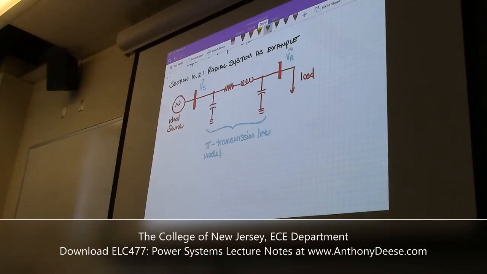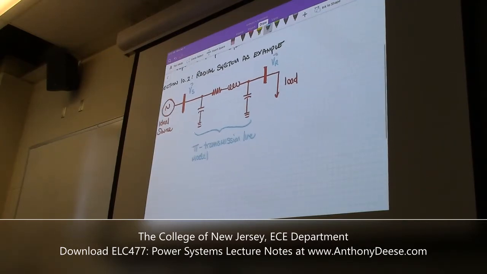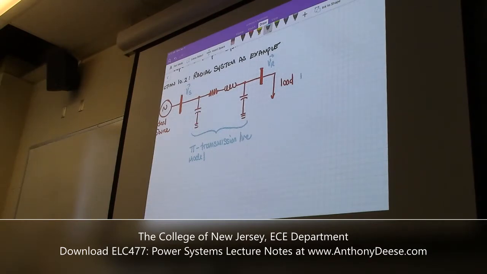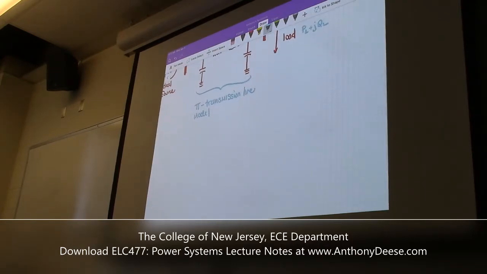Over here, we have our receiving end voltage and our load, which will most times be described like that, PL plus jQL, the real and imaginary components of the power consumed.